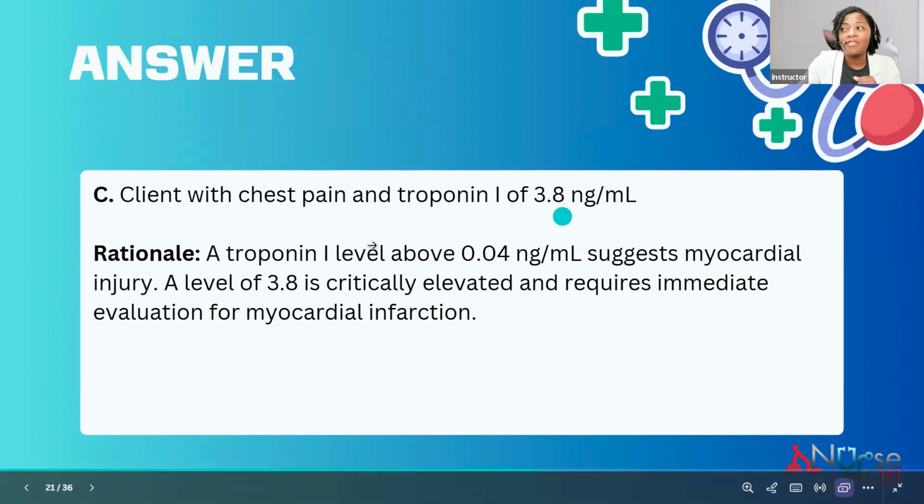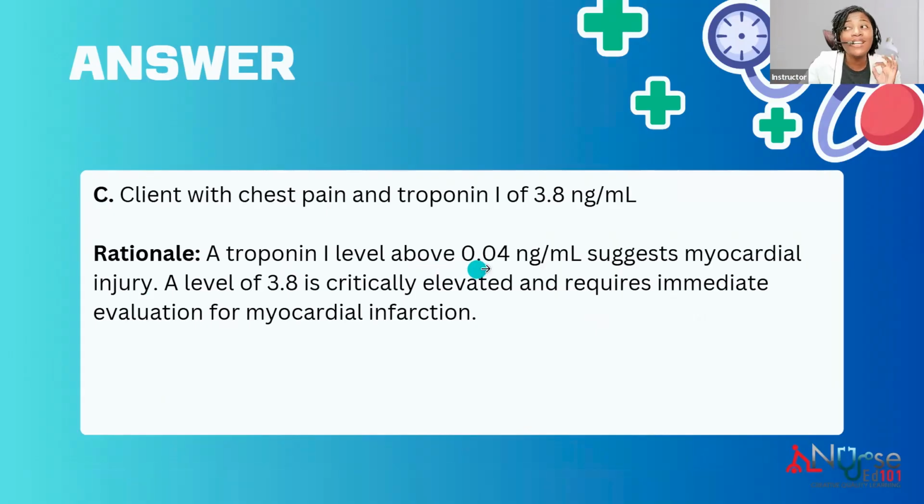For troponin, anything above 0.04, y'all, that's not even like 1, that's 0.04, suggests myocardial injury, that something is going on. And the 3.8 is super elevated and requires immediate evaluation for an MI.